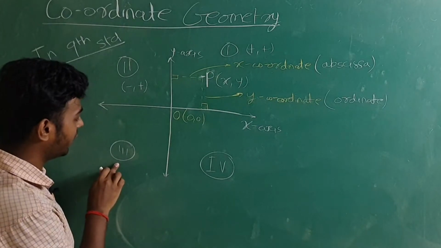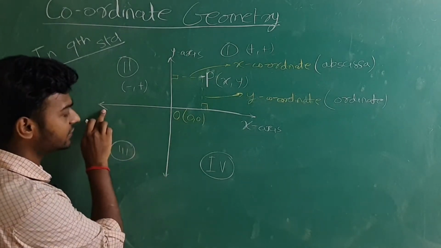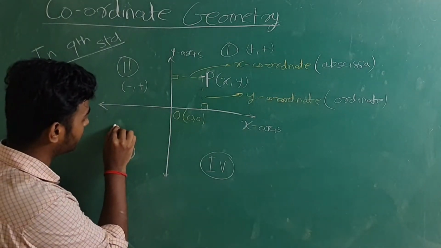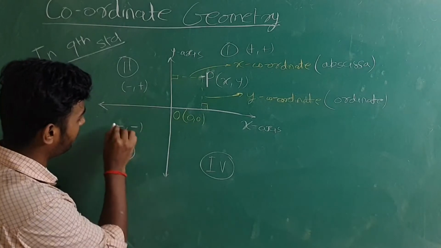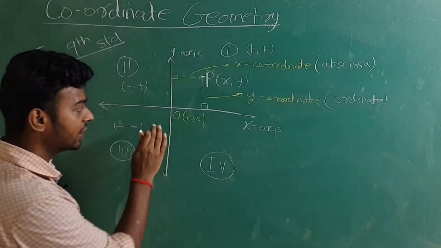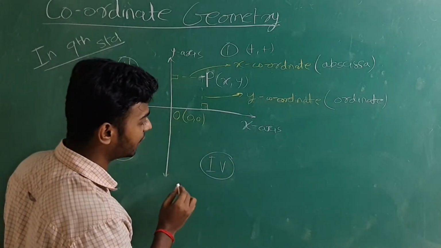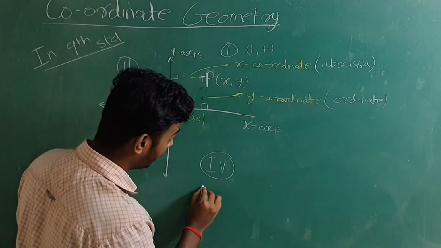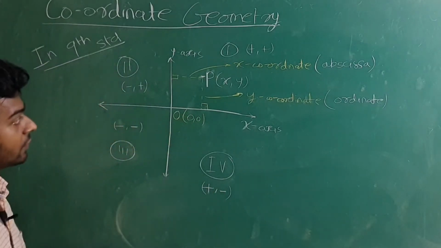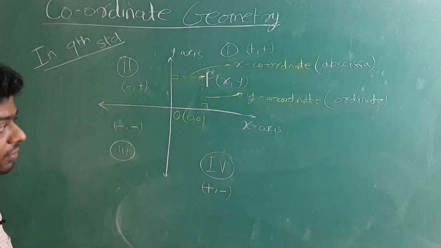In the third quadrant, both x and y are negative, so the coordinates become negative, negative. In the fourth quadrant, x is positive and y is negative, so the coordinates become positive, negative. So that much we have learned in 9th standard.